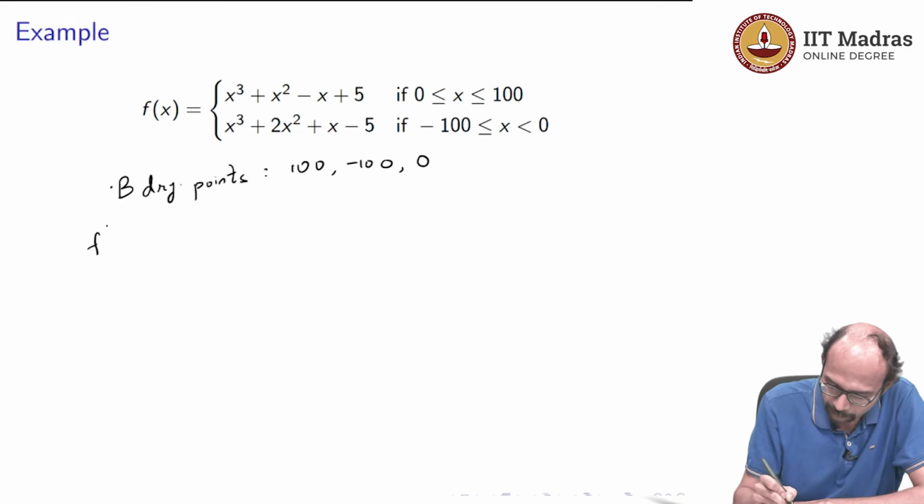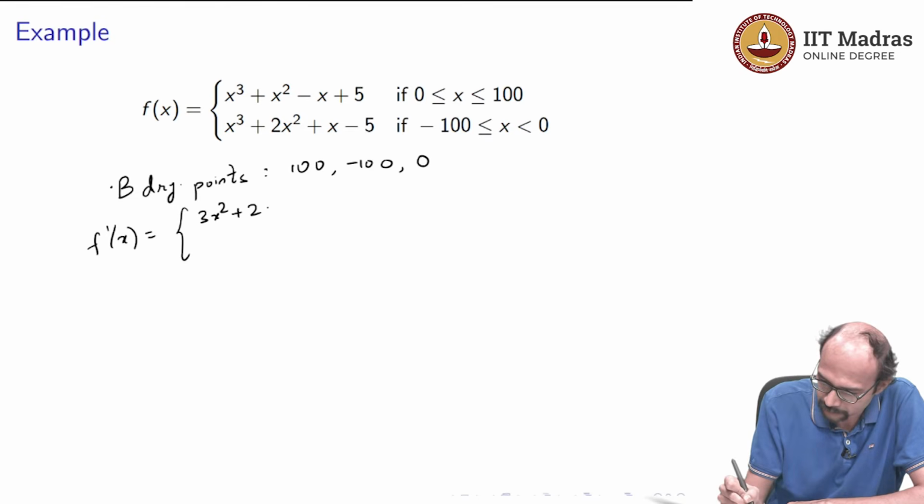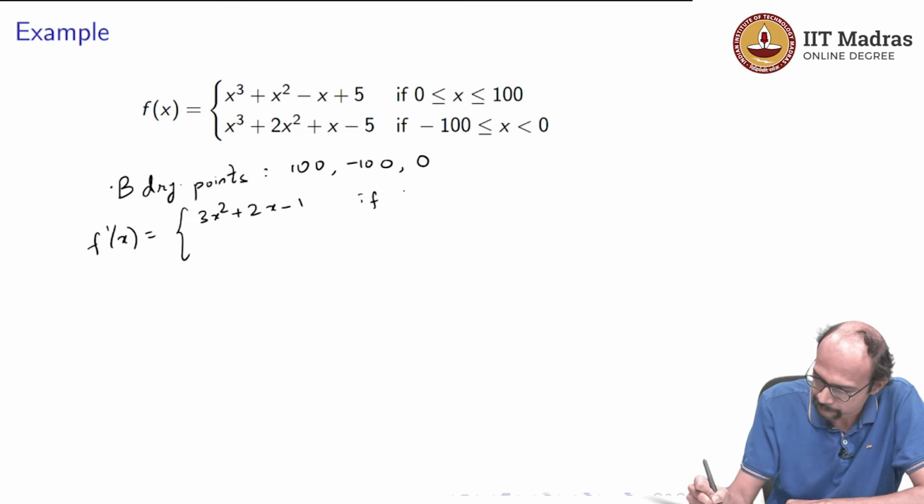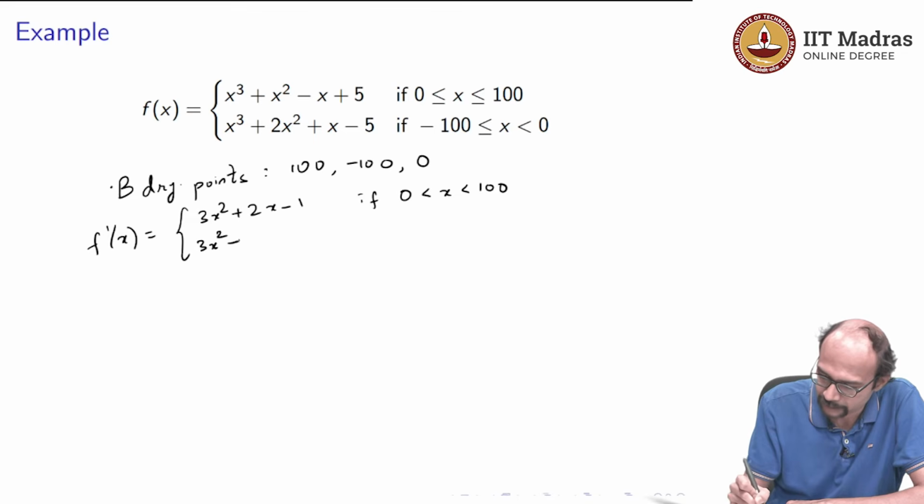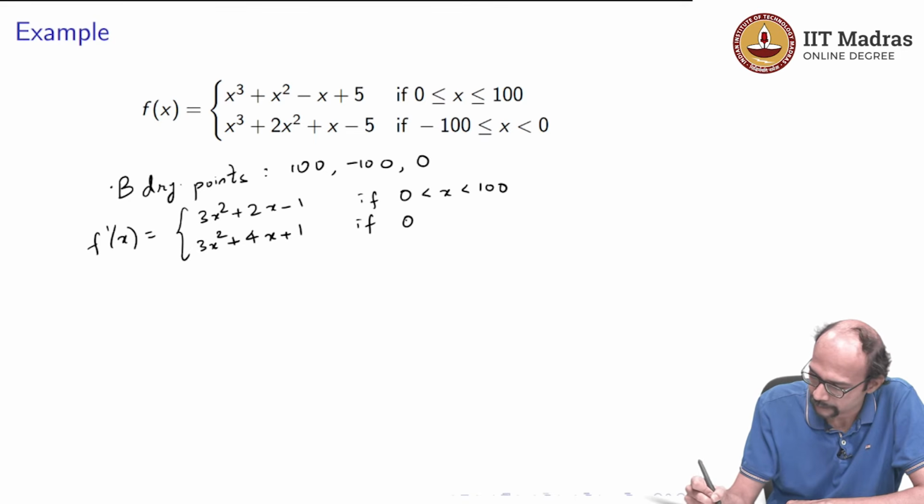So, let us write down what f prime x is. f prime x is 3x squared plus 2x minus 1 if 0 is strictly less than x is strictly less than 100, and it is 3x squared plus 4x plus 1 if minus 100 is strictly less than x is strictly less than 0.